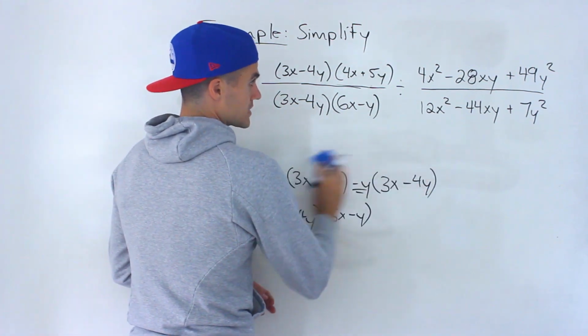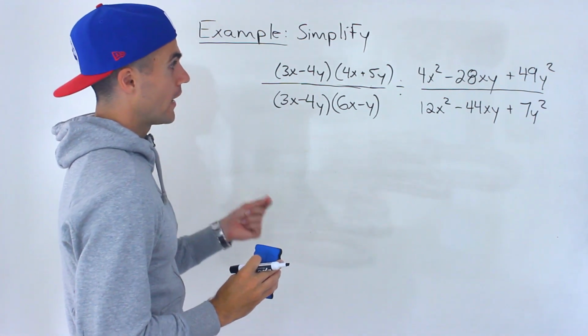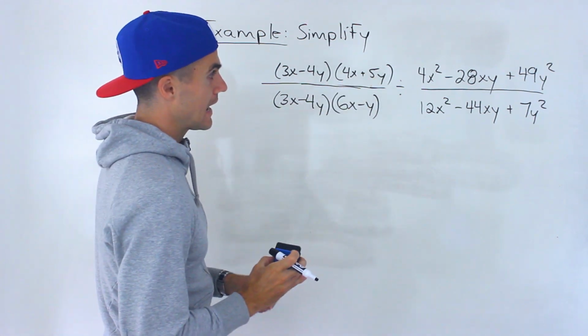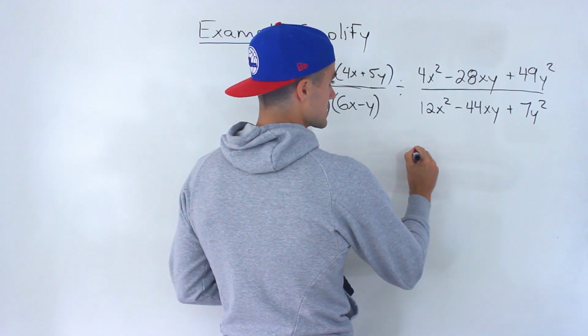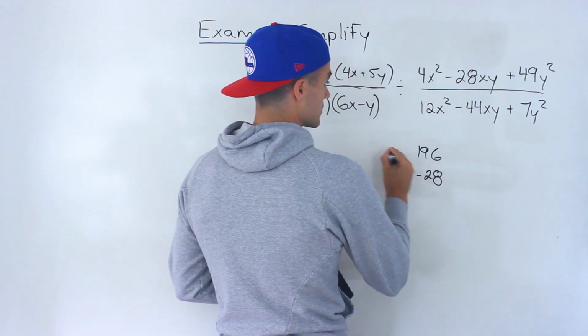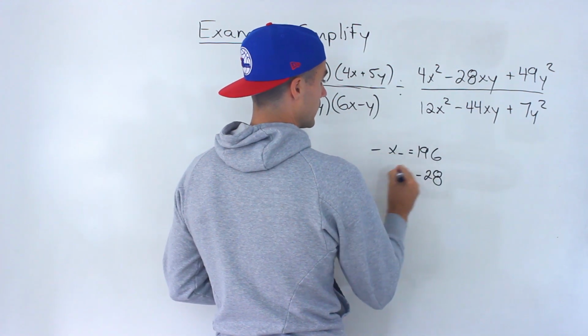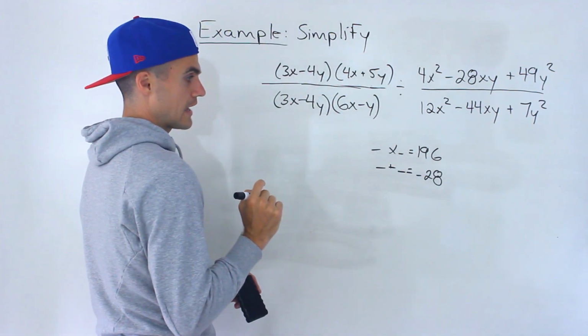And then we got 4x squared minus 28xy plus 49y squared. So 4 times 49 would give us what? 196. And then we got negative 28 as the b value. So what two numbers multiply to 196 and add up to negative 28?